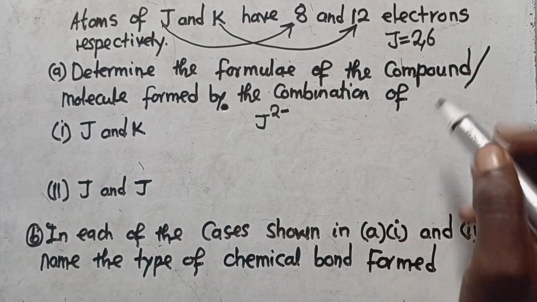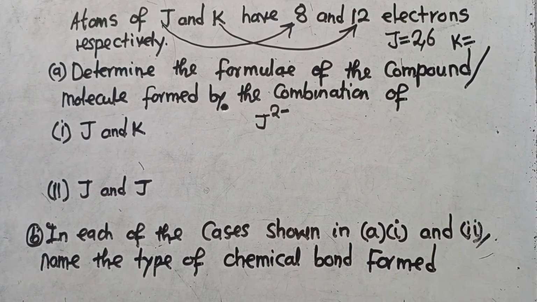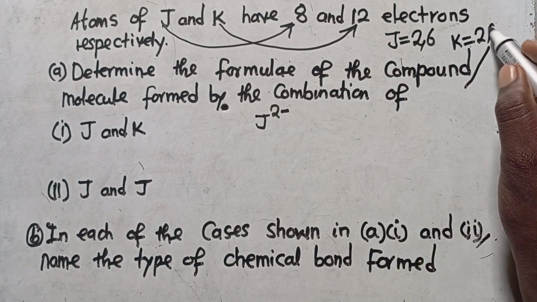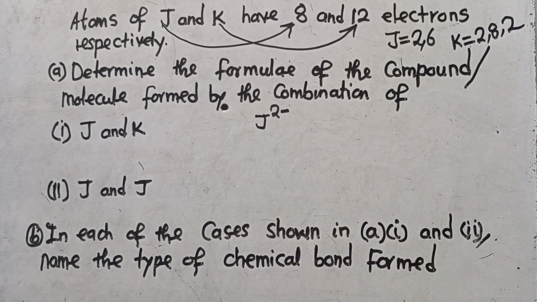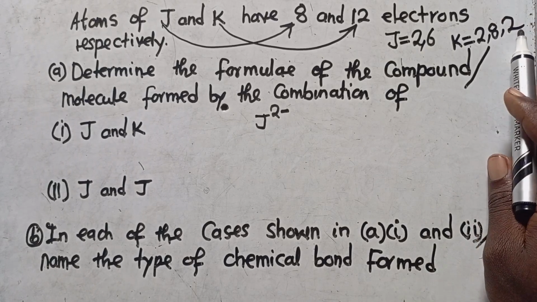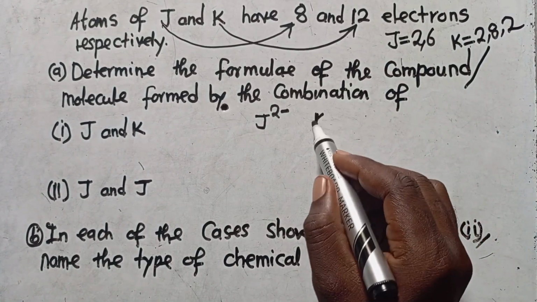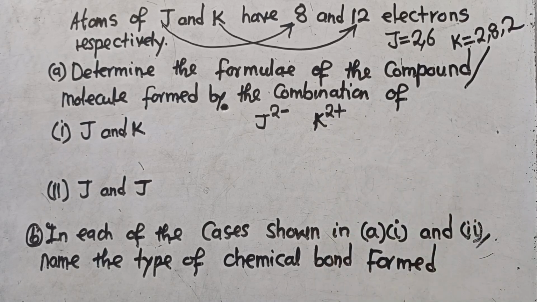I go to K, electronic configuration for K. What is the electronic configuration for K? That is 12, so it is 2, 8, 2. That is the electronic configuration. So meaning this one is losing 2 electrons. So it is K, then I put 2, then a plus, showing that it is losing 2 electrons.